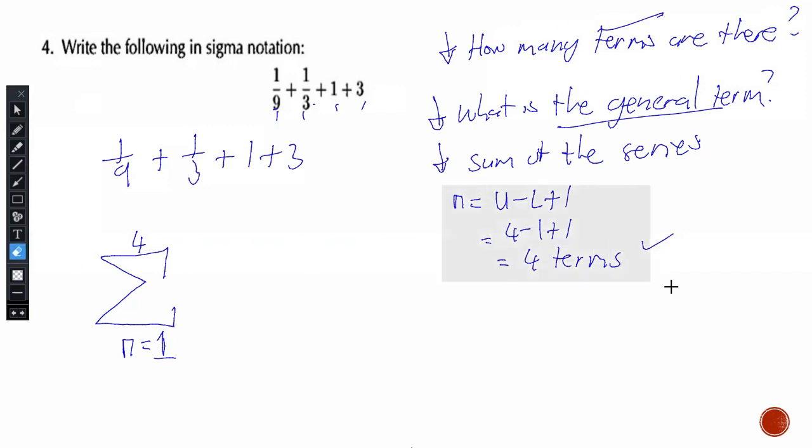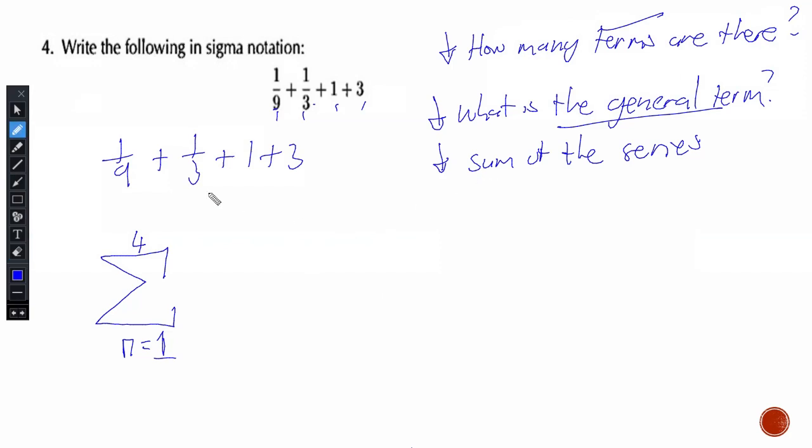The second question is, what is the general term? To get the general term, obviously, we need to observe, is this an arithmetic sequence or a geometric sequence? A quick analysis of the common difference and the common ratio will give you that. For the common difference, you'd say T2 minus T1, which would be 1 over 3 minus 1 over 9, which gives you 2 over 9.